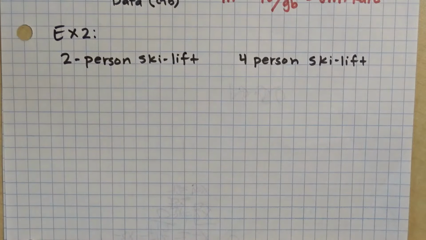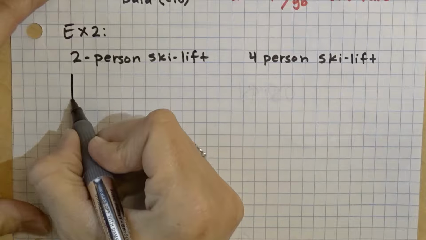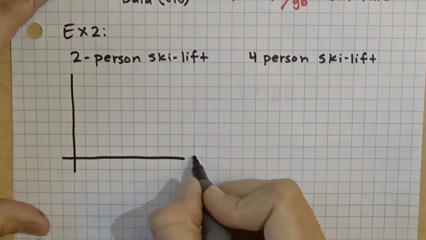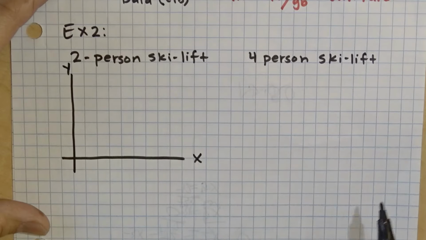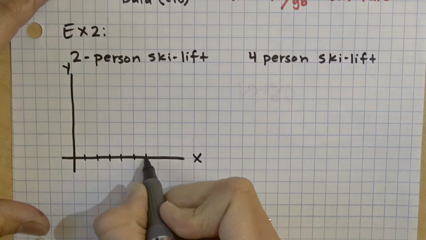So the data given to us for this 2-person ski lift is in a graph. And we're going to say this is 1, 2, 3, 4, 5, 6, 7, 8.